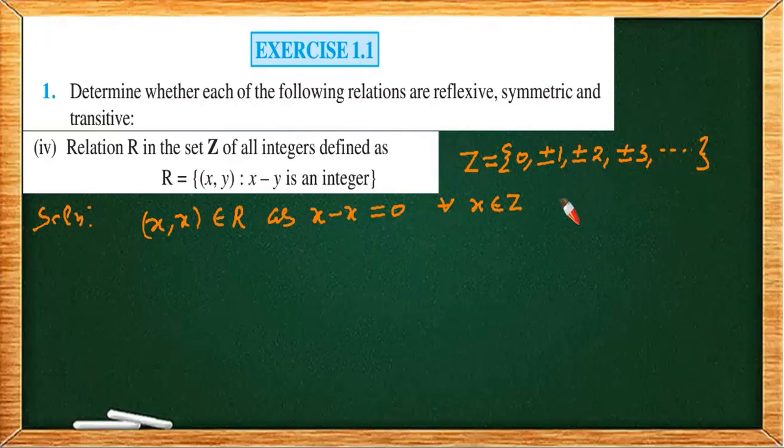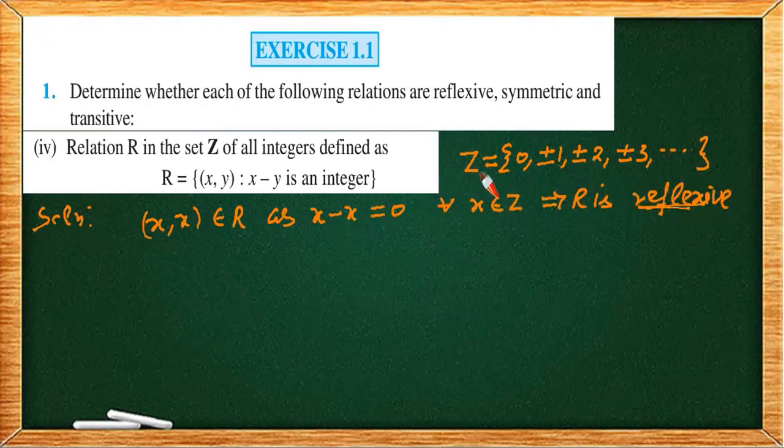So here you can declare R is reflexive. Take any integer, subtract it from itself, the result will be 0, and 0 belongs to Z, the set of integers. So x minus x will always be an integer. So here R is reflexive.